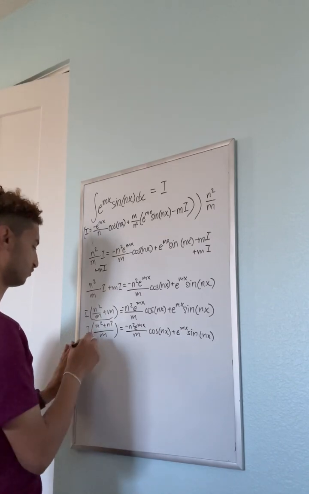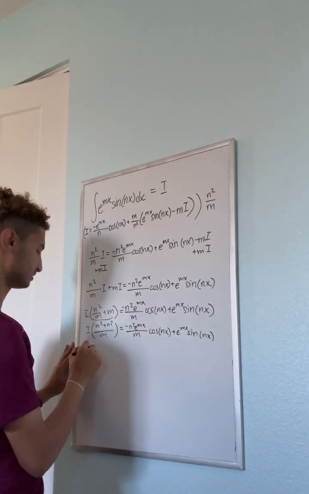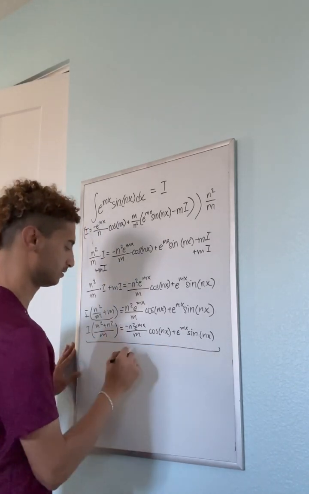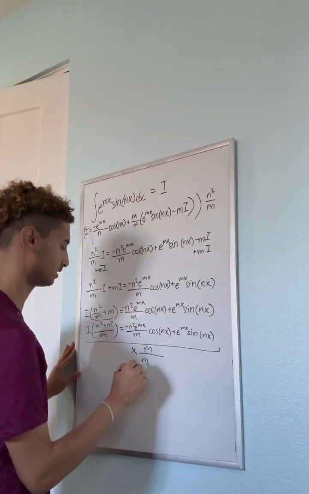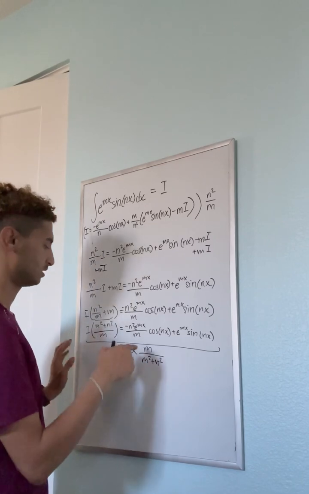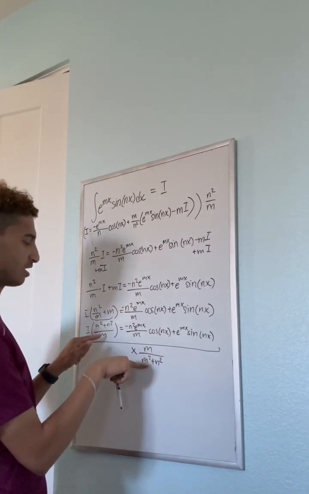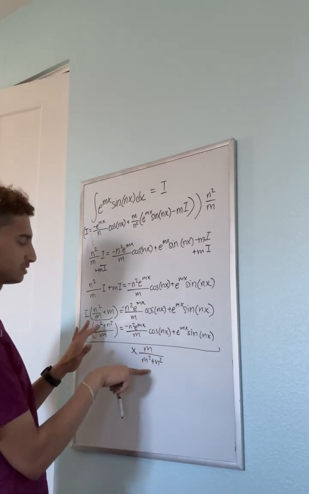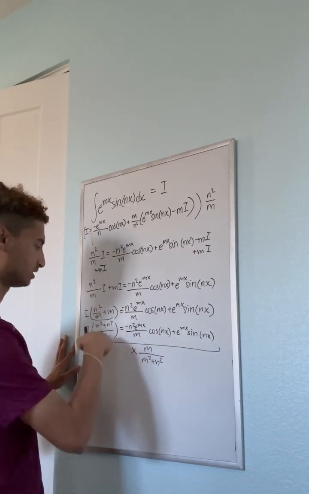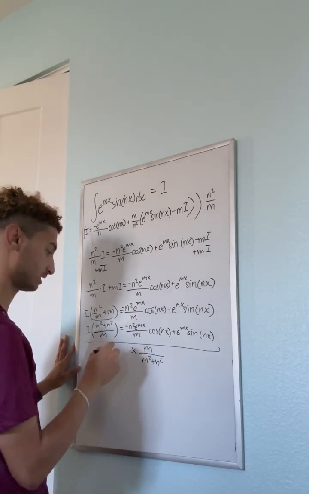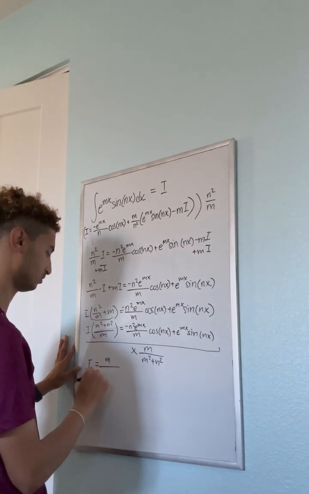You could see that if we multiply both sides by m over m squared plus n squared, the two m's cancel each other off, and the m squared plus n squared cancel each other off here. So you're just going to be left with I for one side of your equation. For the other side, you're going to be left with a whole lot more than that.